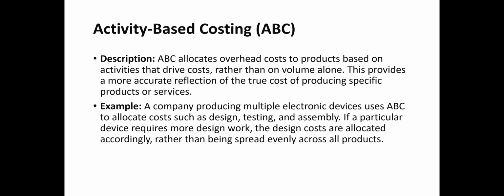Another concept is activity-based costing. This is recommended for industries where several processes are involved. Let's say we are producing a car. It starts from research and development, then goes to design, and then, let's talk specifically about production.